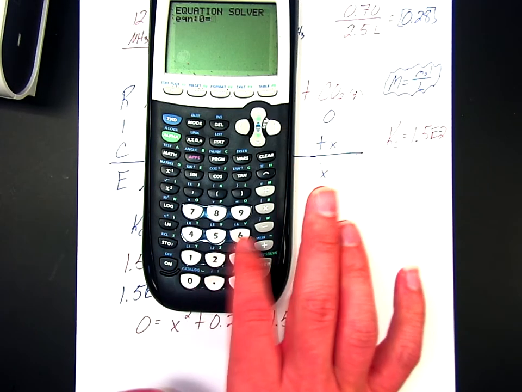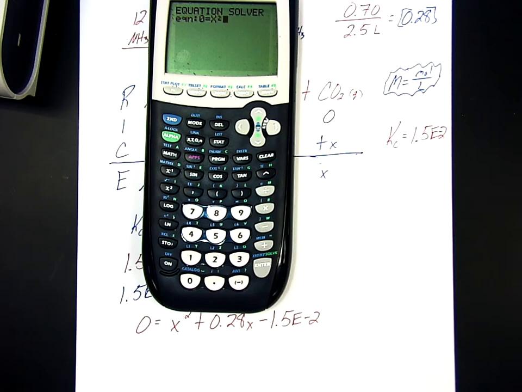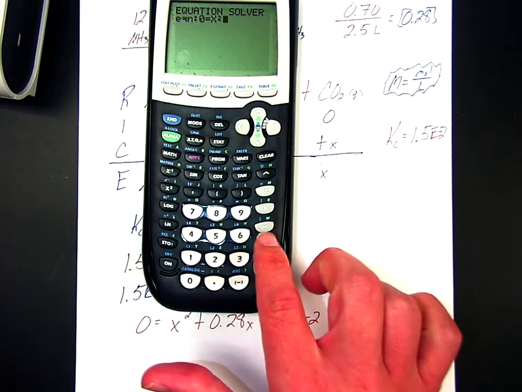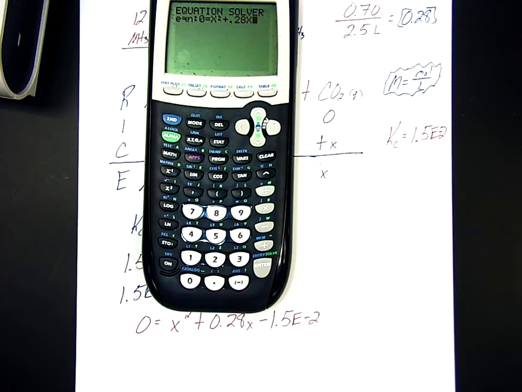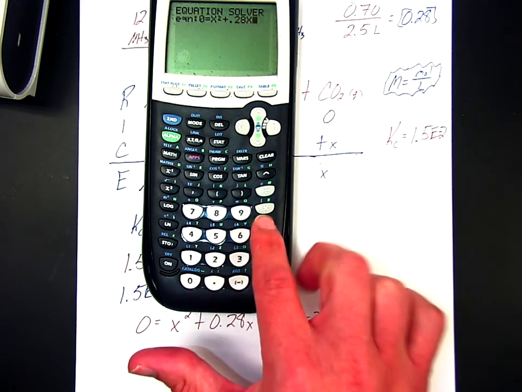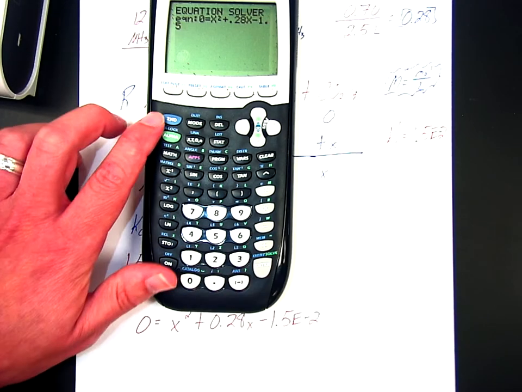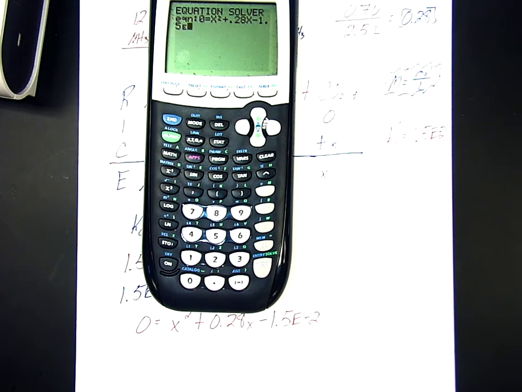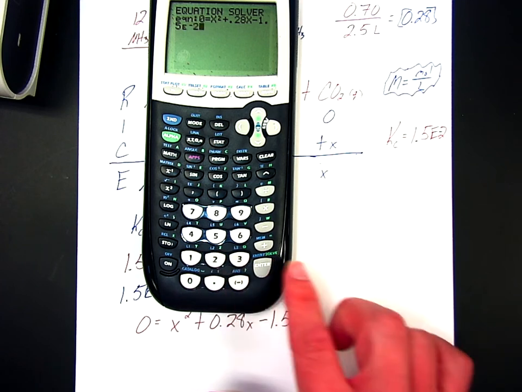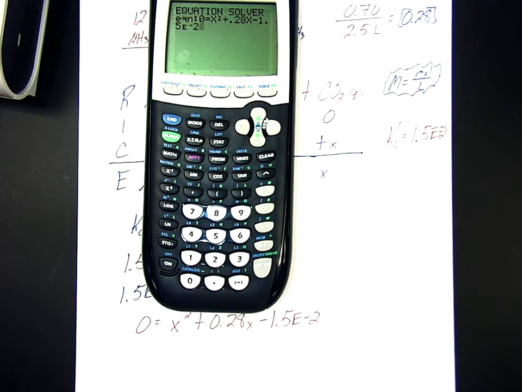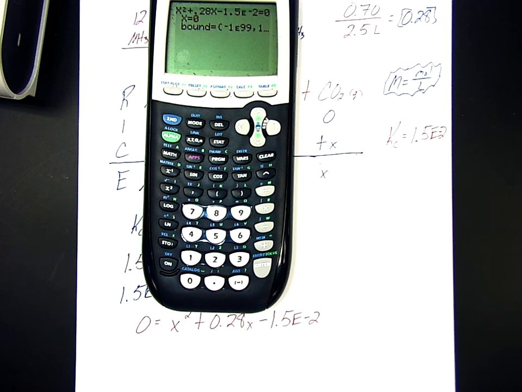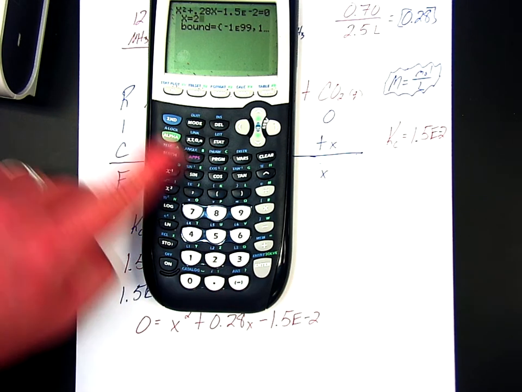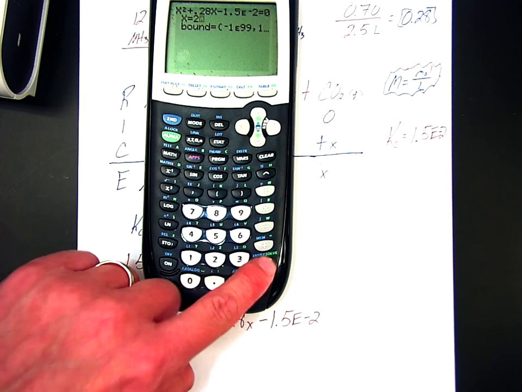I'm going to go alpha to get to an X, hit the squared button, plus 0.28 alpha and X again, minus 1.5 E negative 2. So there's my entire expression. Put in a guess of 2 because we always do that, and then alpha solve on my calculator. I want to hit the solve button.